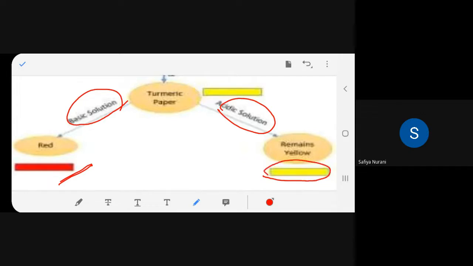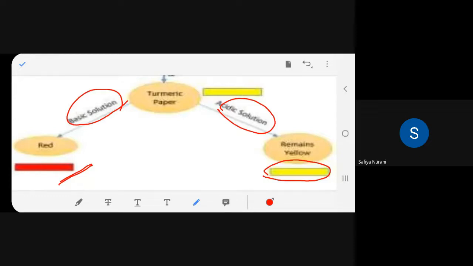Is this understandable? In litmus paper, what we saw, beta? The blue litmus will turn to red in acidic solution and red litmus will turn to blue in basic solution. Is this clear? But in turmeric paper, what we see is that with basic, the yellow will turn to red.